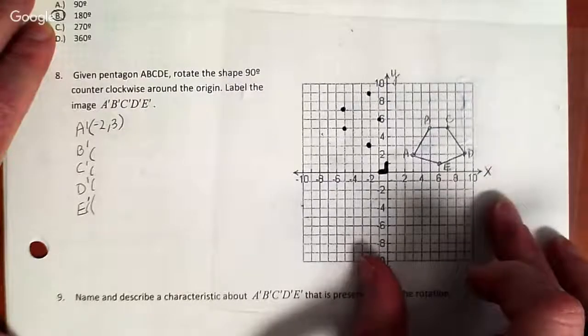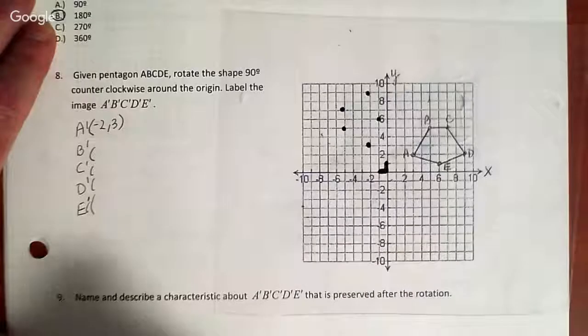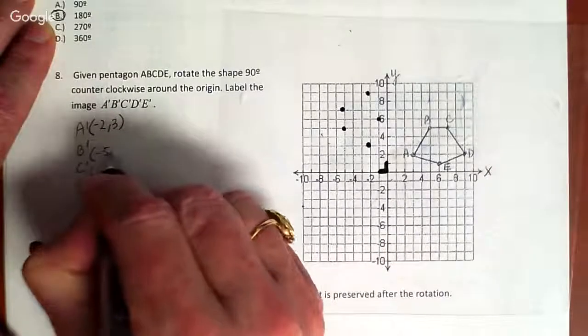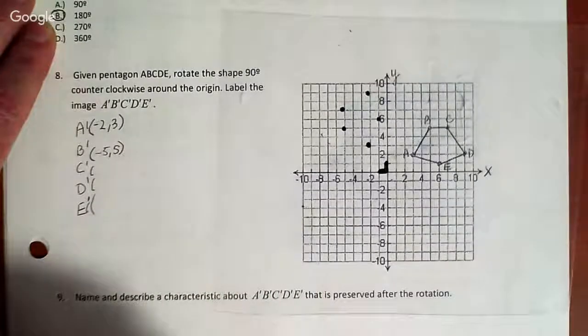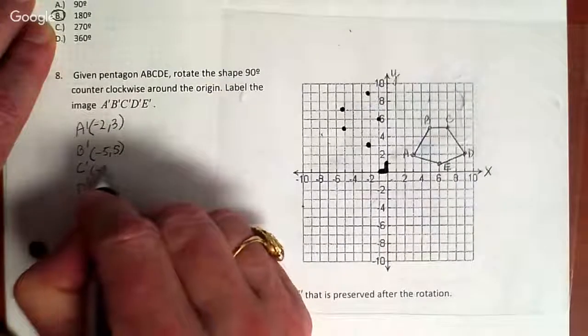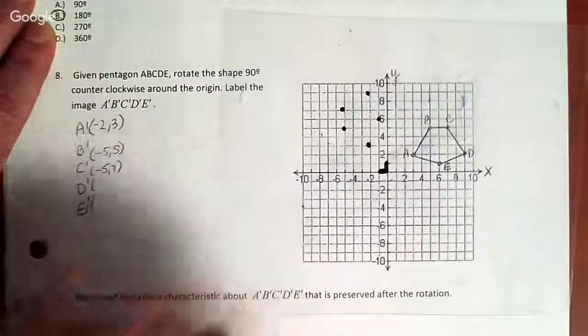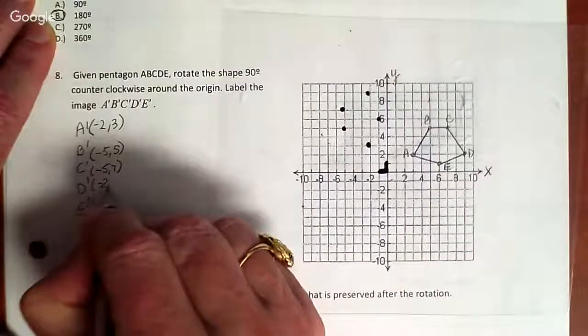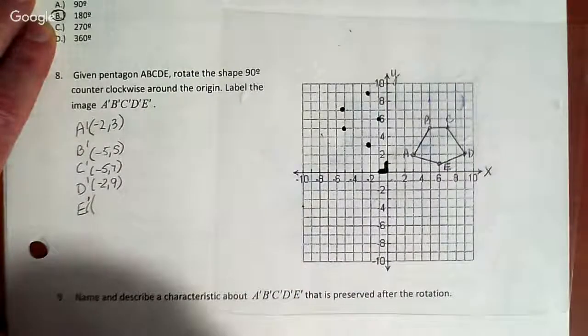Then B' is negative 5, 5. Then for C', I have negative 5, 7. For D', I have negative 2, 9. And then for E', I have negative 1 and 6.